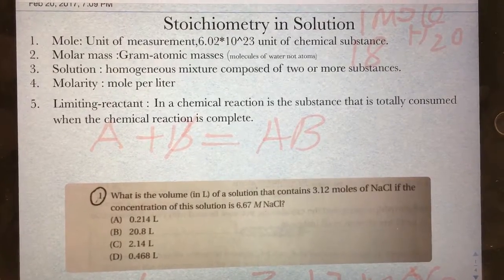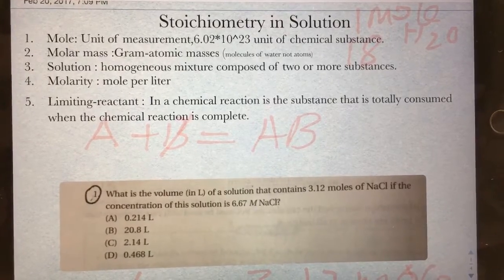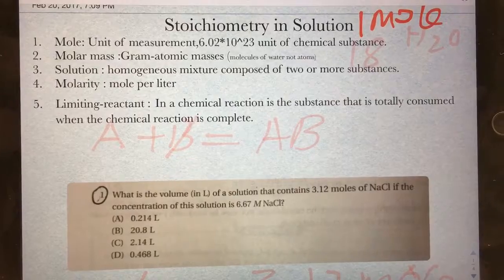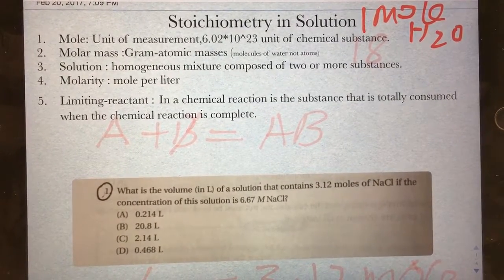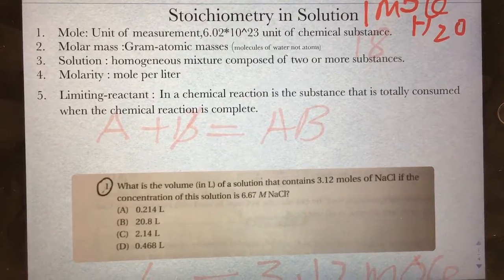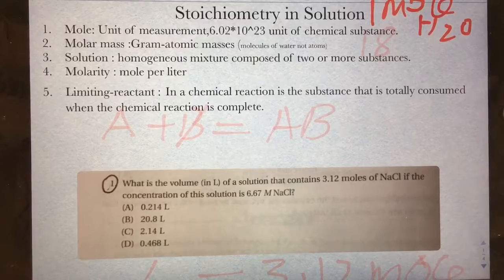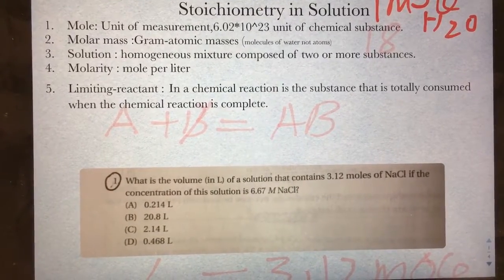For example, we have 1 mole of water. According to the definition, there are 6.02 times 10 to the 23rd power atoms in 1 mole of water.